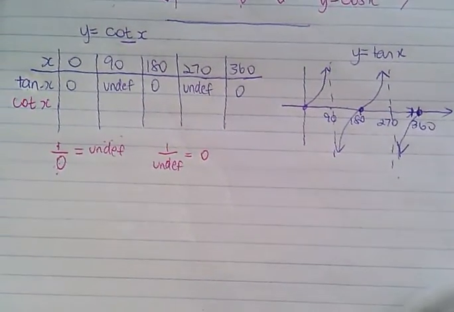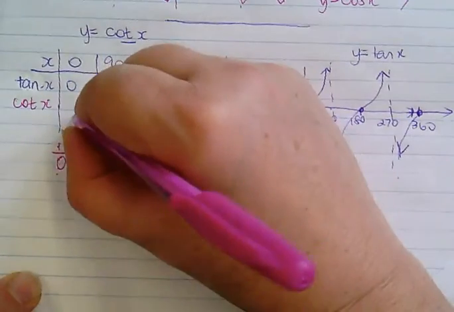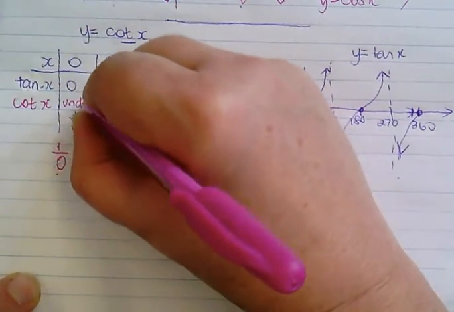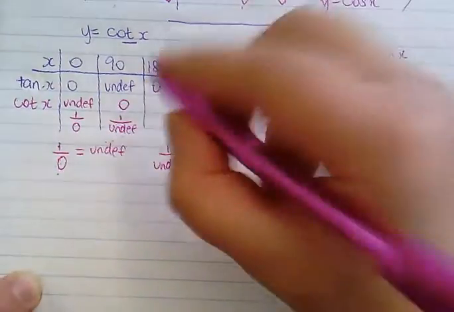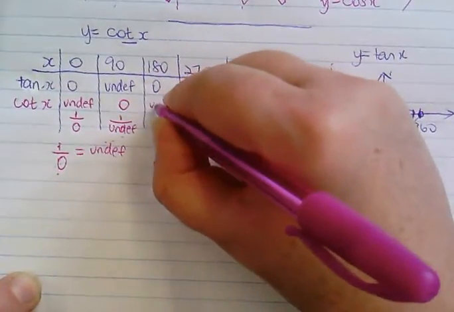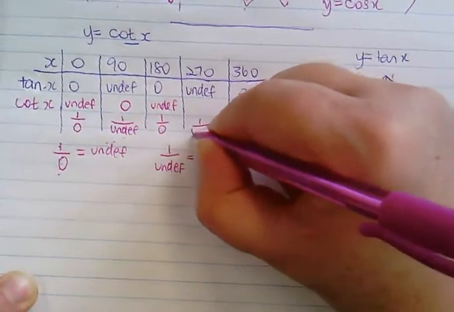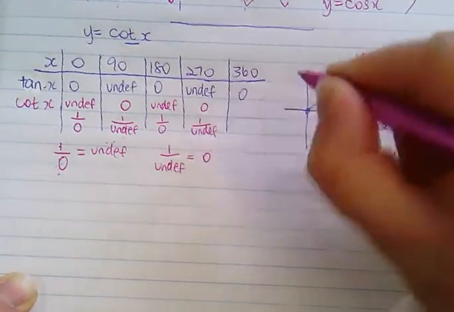Okay? The only thing with these is you can't do them on the calculator because you can't do 1 divided by something undefined on your calc. So, we've got 1 divided by 0 is undefined, but 1 divided by undefined is 0.